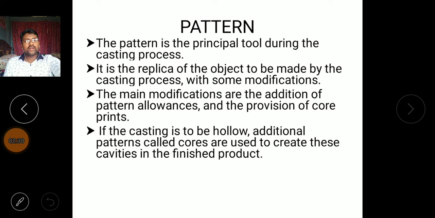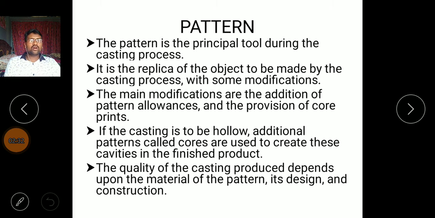Next, the quality of the casting product depends upon the material of the pattern and its design and construction. Suppose we have to select the proper material before preparation of the pattern.